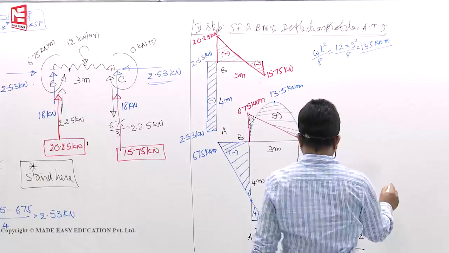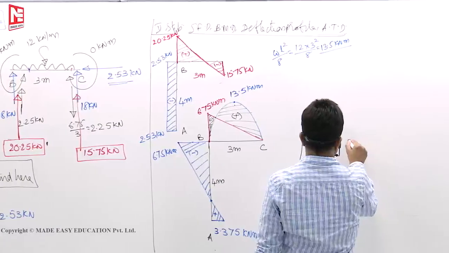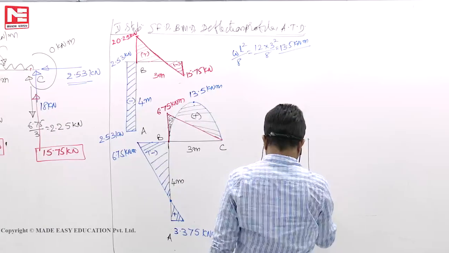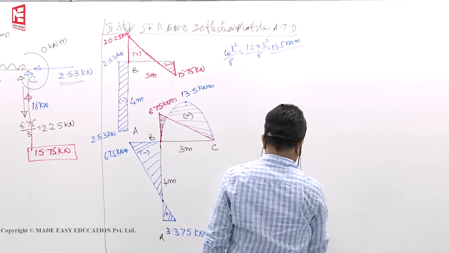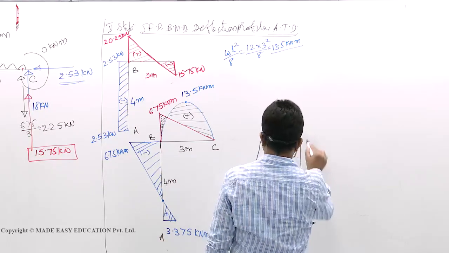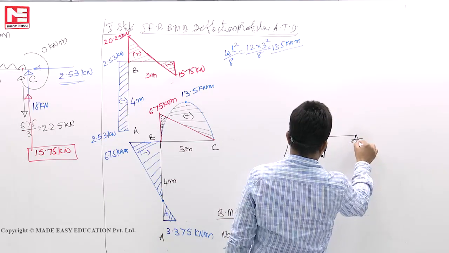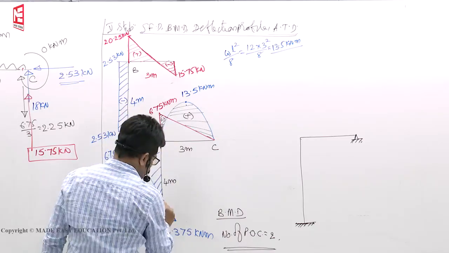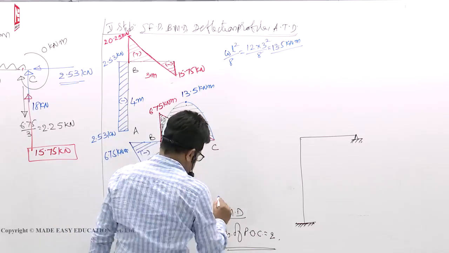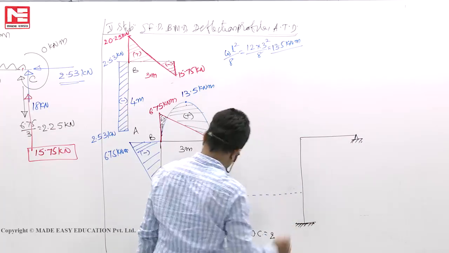Next, the deflection profile. Now you see, at this point there is a point of contraflexure. Generally, the bending moment diagram and deflection profile are drawn side by side.